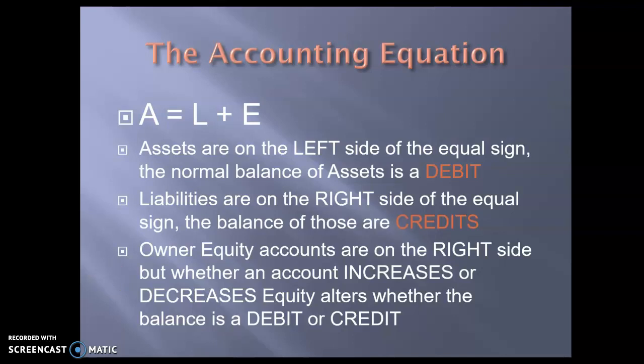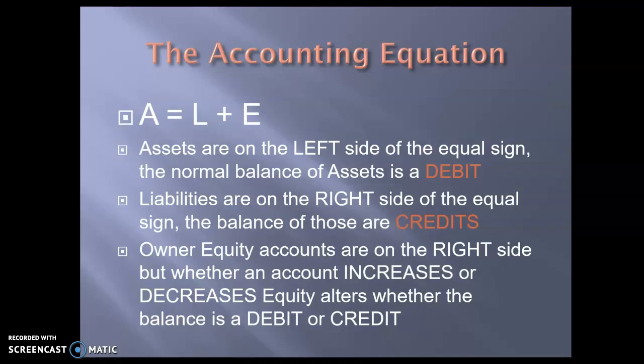So when the Italian monks, or those before them in fact, decided what was a debit and what was a credit, since the assets were on the left side of the equal sign, they said that anytime there's an increase on an asset, we're going to call it a left side transaction. We're going to put it on the left side of the T account.